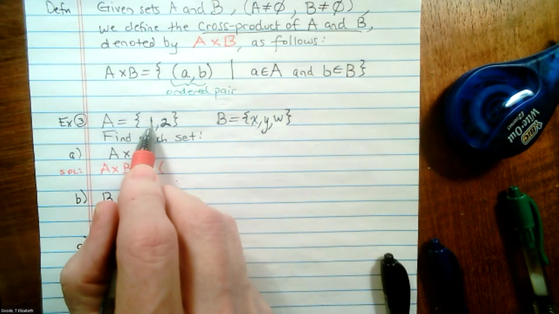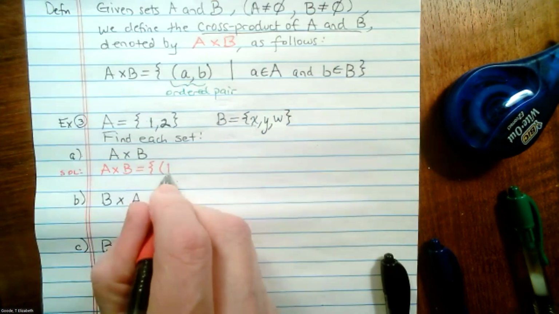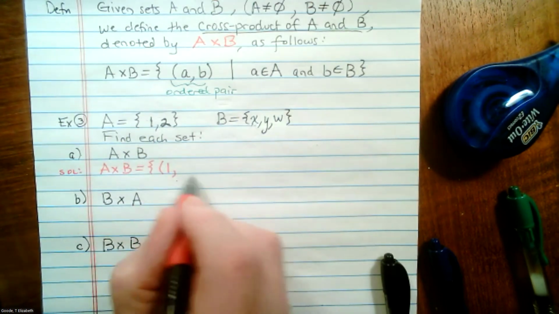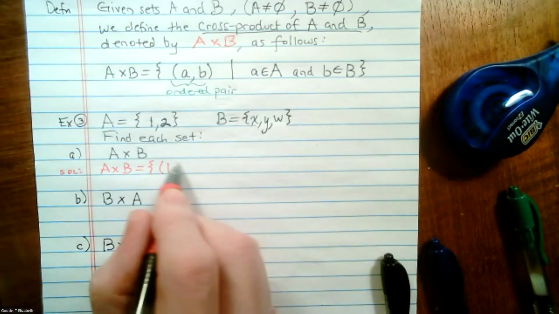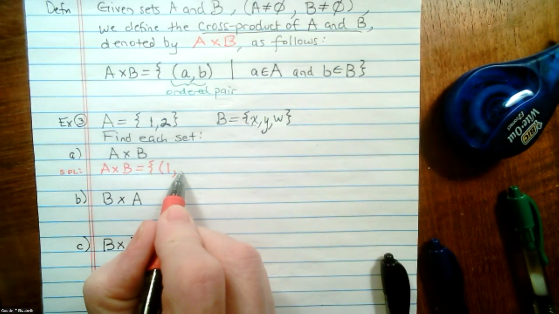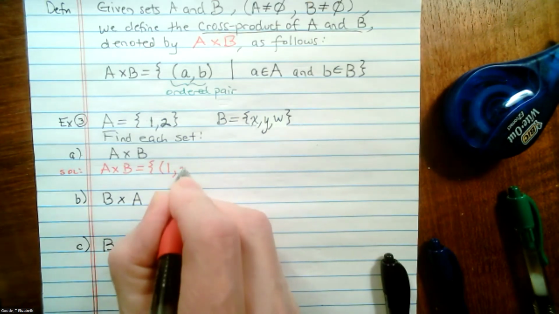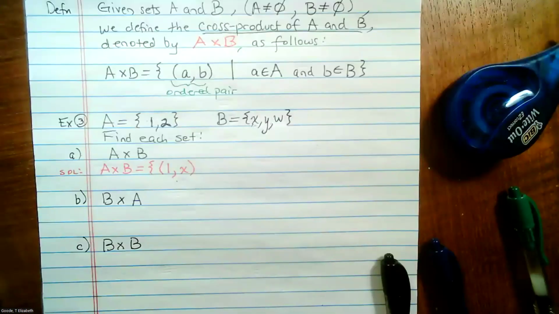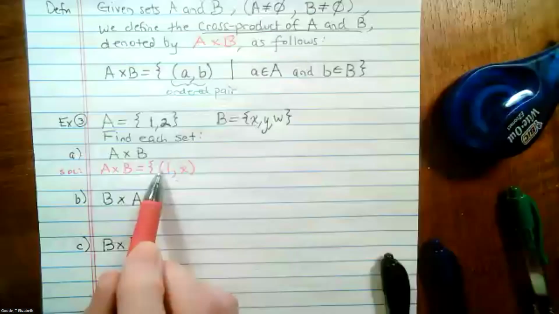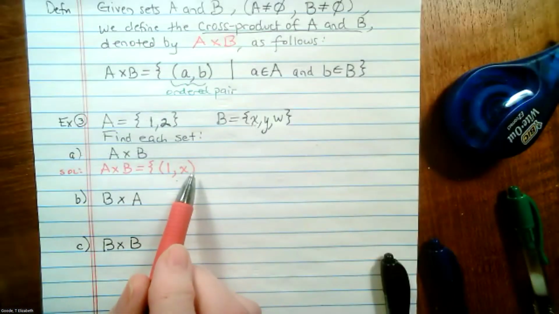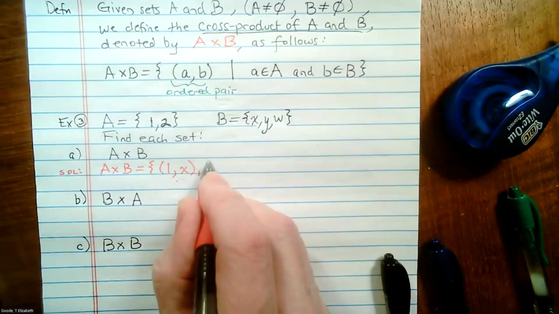So here we go. We'll take a first coordinate from A. Let's just grab the 1. All right, that's our first coordinate. We're building our first element. What could we put for the second coordinate? X. Yeah. And we just close that up. See how the symbols are different from set brackets? These are ordered pairs, soft parentheses. You with me? All right.